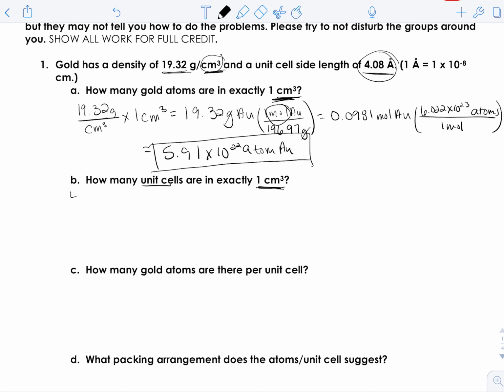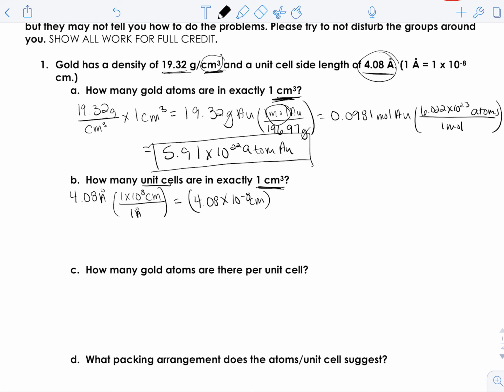First we need to take our angstrom value and convert it into centimeters, and then cube it. So 1 angstrom is equal to 1 times 10 to the negative 8 centimeters, so we can go from angstroms into centimeters. And this is our edge length in centimeters.